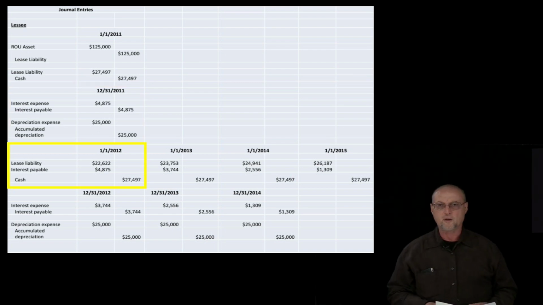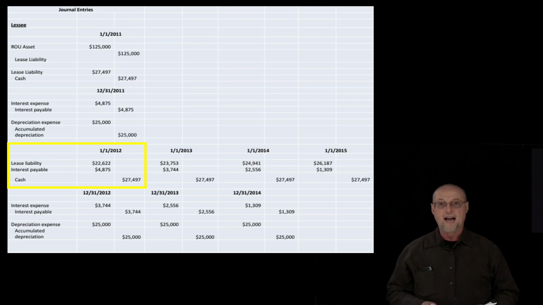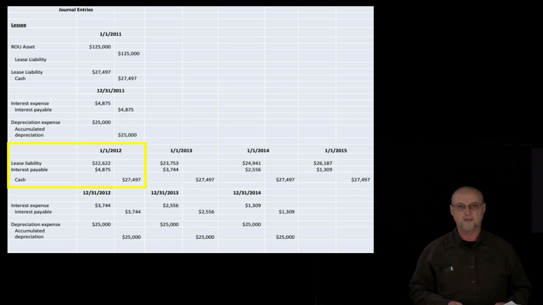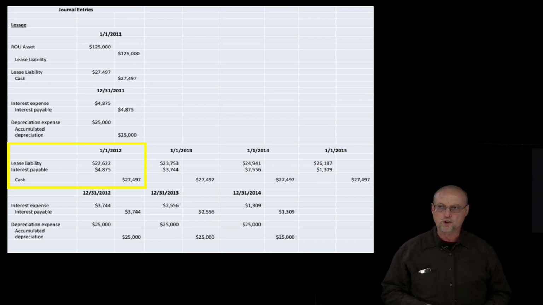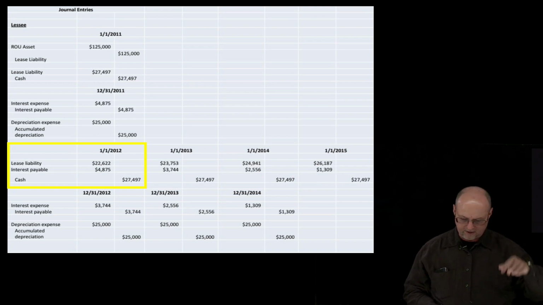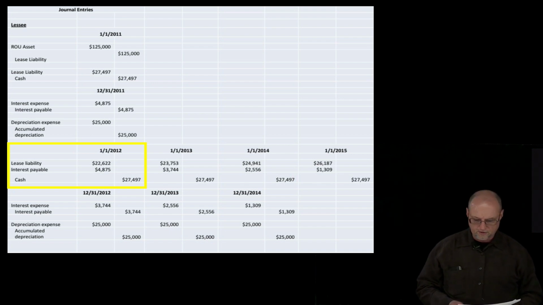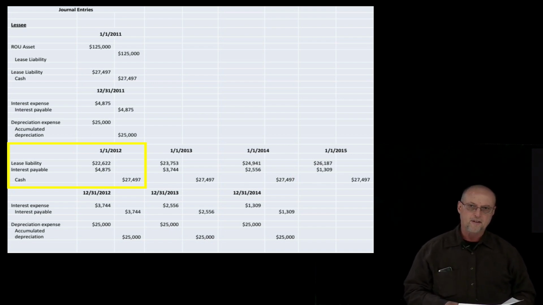Okay, it's now January 1st, 2012, the beginning of the second year of the lease, and the lessee is going to make their second lease payment of $27,497. So the journal entry will be right here, okay? And notice it'll be a debit to the lease liability for $22,622, debit interest payable for $4,875, and credit cash for $27,497.